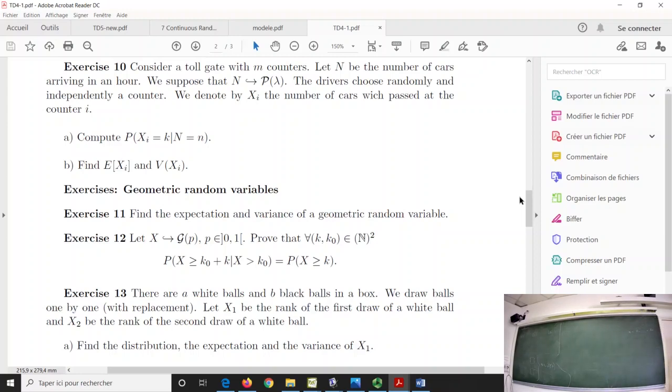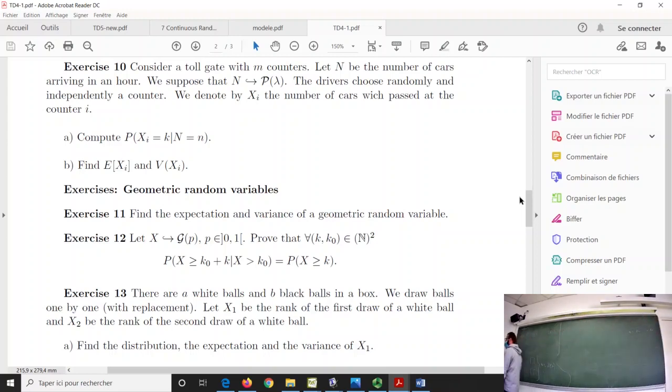Since they are not independent, this conditional probability is really a conditional probability. Because if they were independent, the conditional probability would just be the probability that Xi is equal to k. But it's not what I have here.